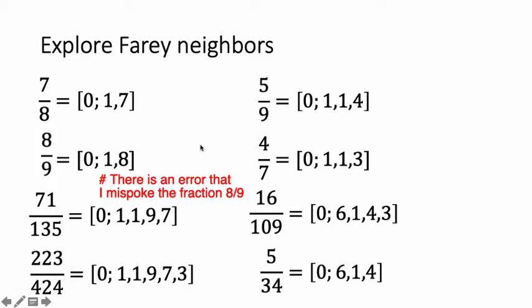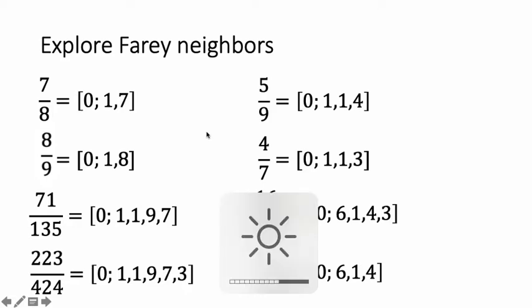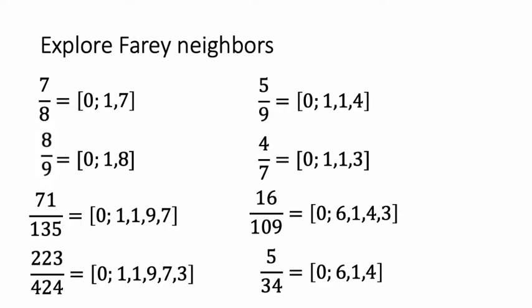So after we listed out the continued fractions form of these 8 Farey fractions, we can find that there are some interesting properties of Farey neighbors. We can first notice that these two will equal 1 when they subtract each other. We can also notice that these two Farey neighbors also had this kind of similar property.